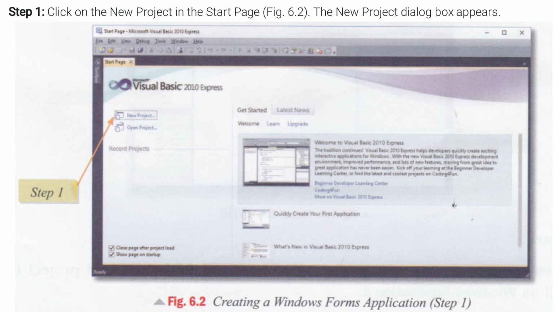A project is a collection of files that make up an application. In Visual Basic, we will use this Visual Basic programming language for creating any particular project, for performing any particular task.